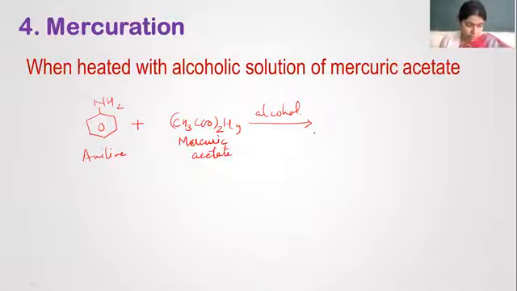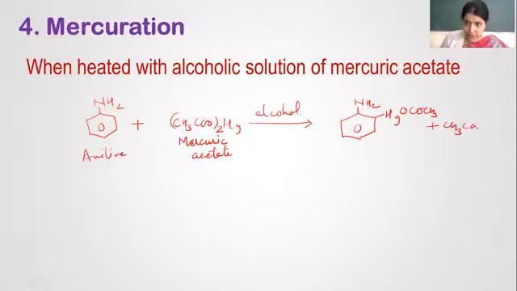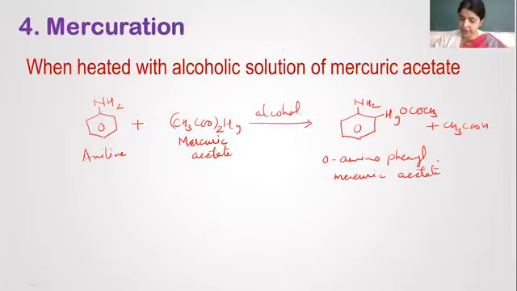It forms ortho-aminophenyl mercuric acetate, NH2 Hg OCOCH3, plus CH3COOH. This is ortho-aminophenyl mercuric acetate. So this was the mercuration reaction.